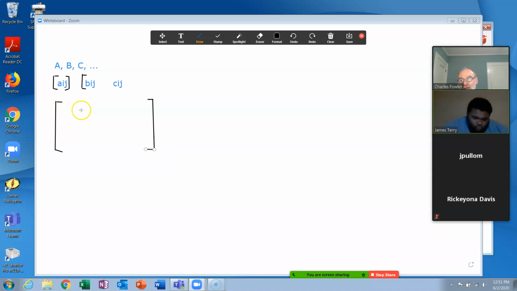A11, A12, A13, A14, A15, all the way up to A1N, because you have N columns. A21, A22, A23, A24, all the way up to A2N. And then A31, A32, A33, A34, all the way up to A3N. And keep going down here all the way till the last row is the mth row, AM1, AM2, AM3, AM4, all the way across to AMN.